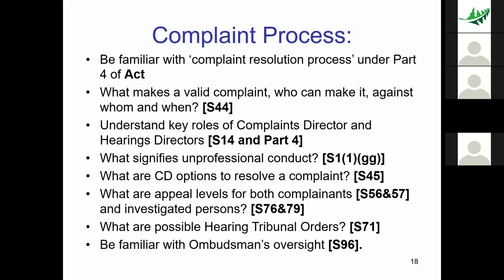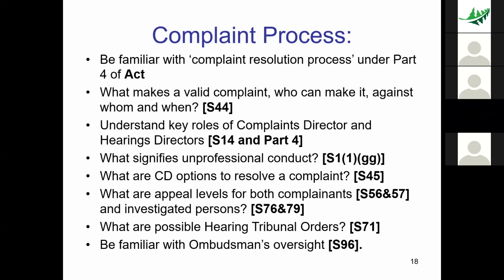Also, an important element that was added to this legislation, and you're seeing it in a lot of the professional legislation, is the ombudsman oversight, and look at Section 96. That's more of a process-related aspect where the ombudsman can get involved.